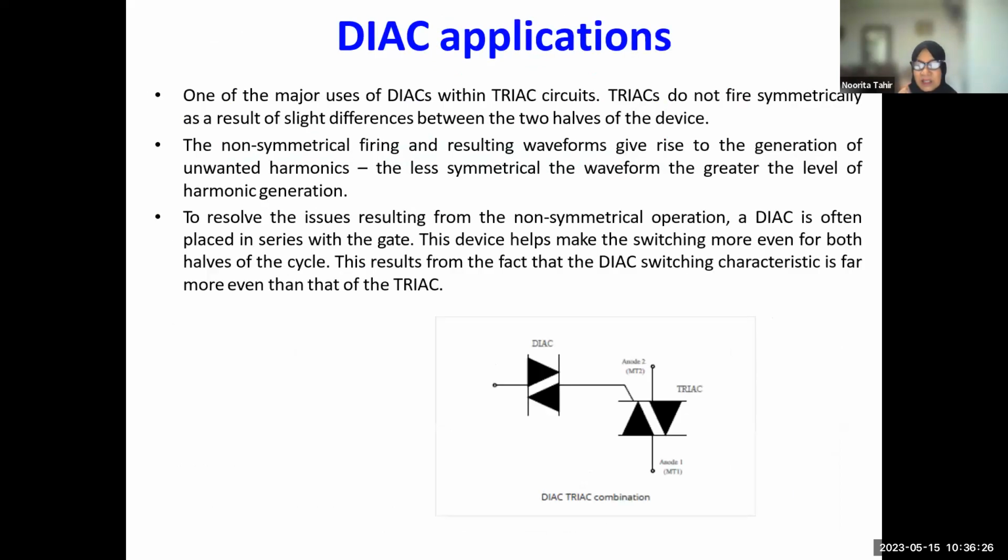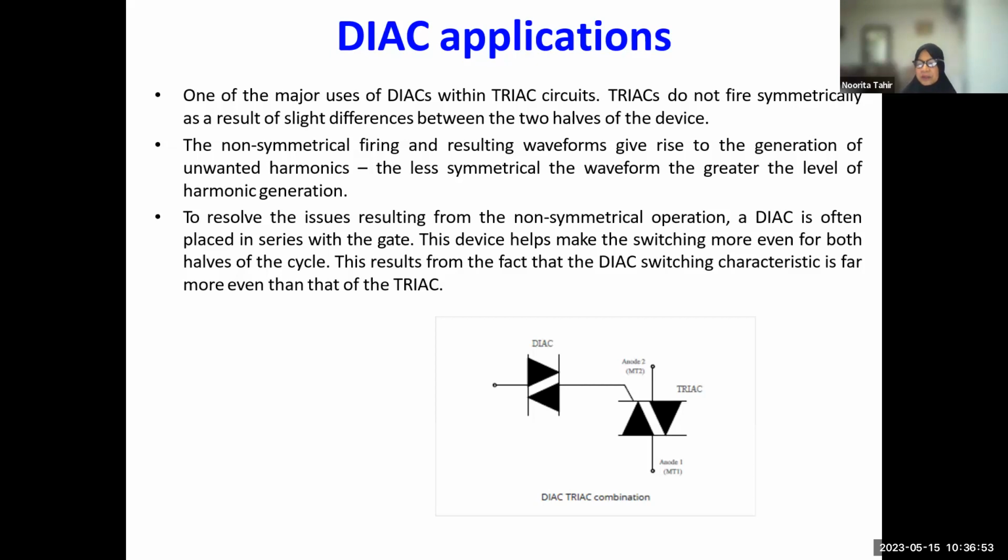To resolve the issue that results from the non-symmetrical operation, a diac is placed in series with the gate, as shown here. Why? Because this device will help the switching be smoother for both halves of the cycle, which accordingly will reduce the harmonic effect.